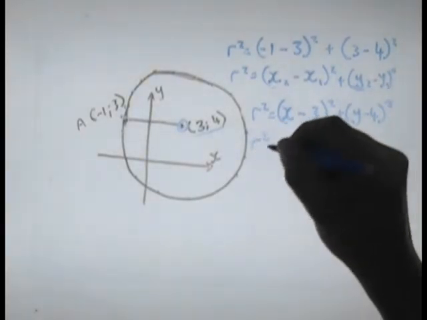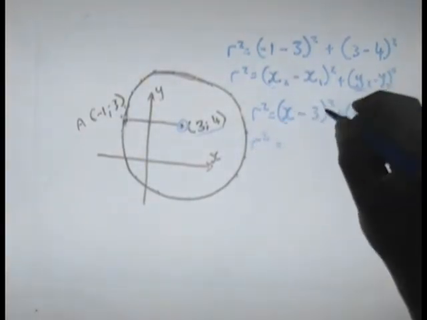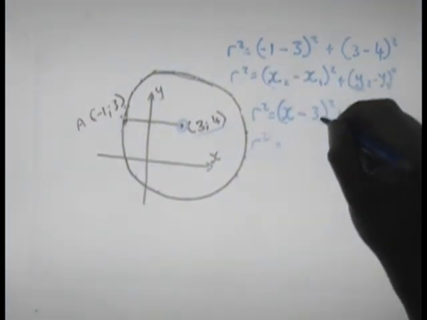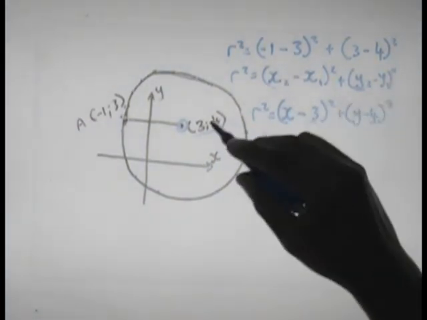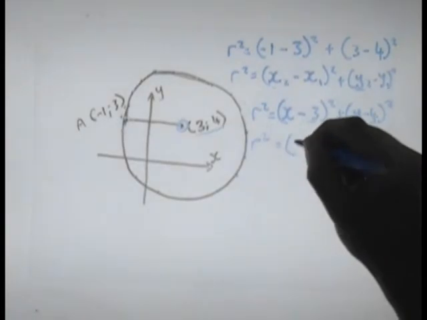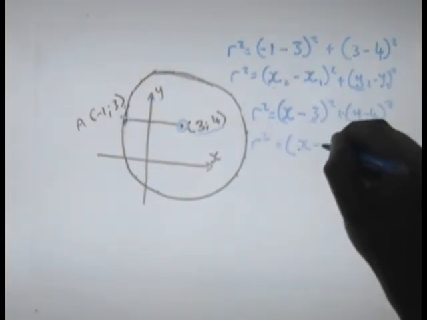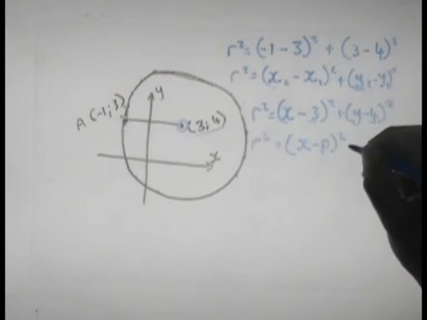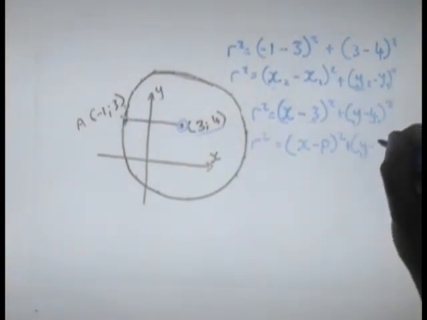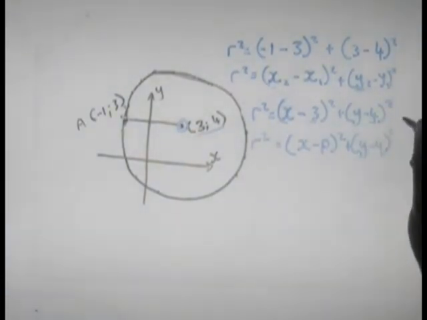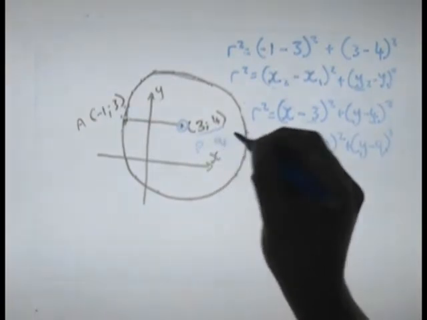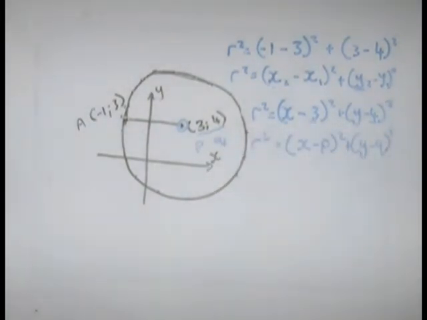That means that r squared is going to equal, now instead of saying x minus 3, isn't 3 and 4 the center of my circle? x minus p squared plus y minus q squared, where p and q are simply the center of my circle.